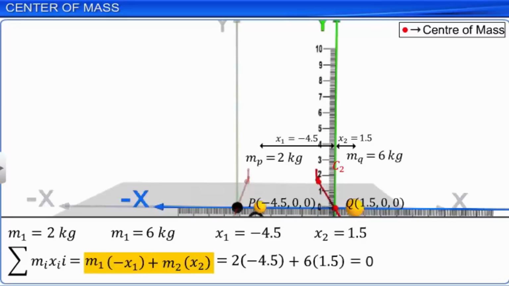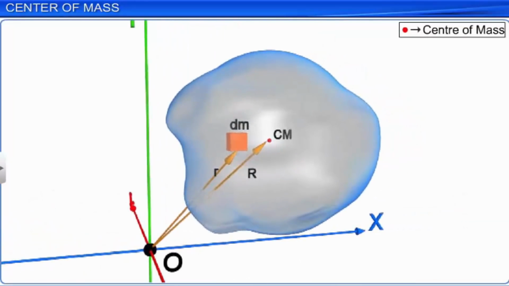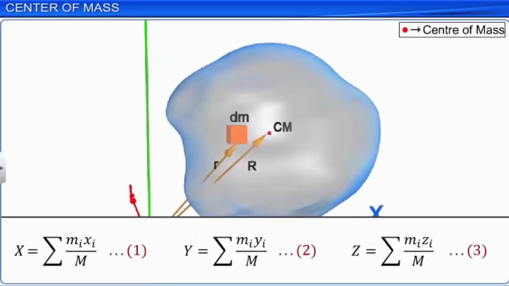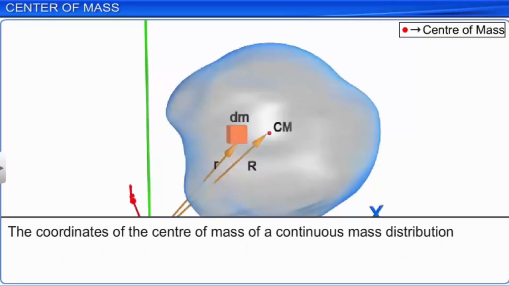When we deal with rigid bodies of continuous distribution of matter, we need to replace the summation symbol sigma in equations 1, 2, and 3 with an integral symbol. The coordinates of the center of mass of a continuous mass distribution are denoted by x is equal to 1 by M integral of x dm.